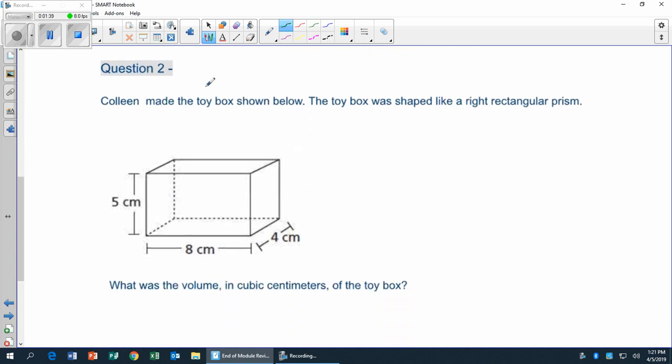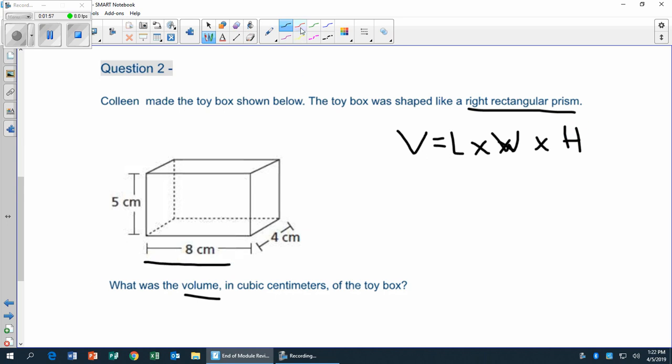Go to the next one. We have this toy box. It's a right rectangular prism, and they want to know the volume. So once again, I write volume equals length times width times height. And I plug the numbers in. My length is right here. So I see that that's 8.